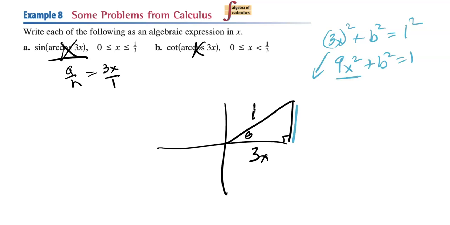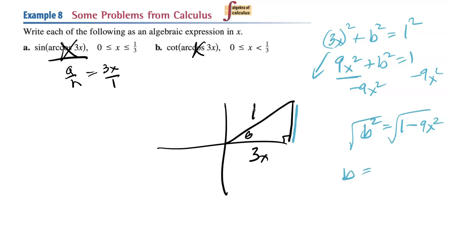Try to get b by itself, so subtract 9x squared from both sides. b squared equals 1 minus 9x squared. Square root both sides, so b equals the square root of 1 minus 9x squared. That's my b, so that goes right here.